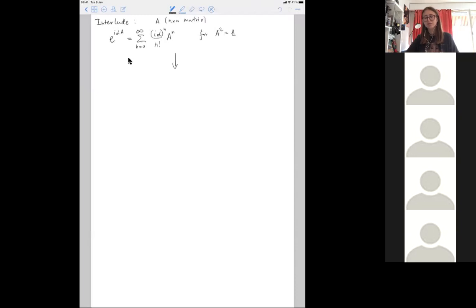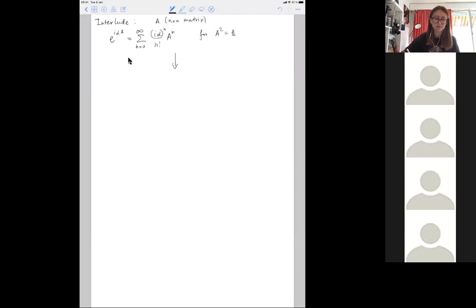For the odd n, because A squared is identity, we would only be left with the 1 A. And for the even sum, we would get, because A squared is 1, just identity.